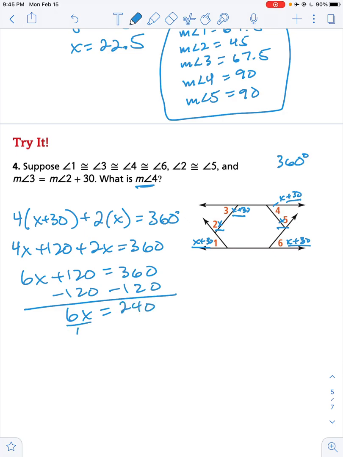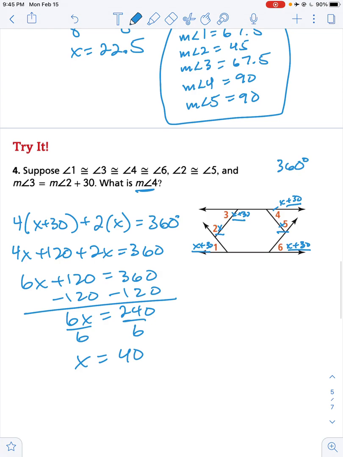Divide both sides by 6. I end up with x is equal to, what is it, 8? No, doing that wrong. 40, okay. So x is equal to 40.